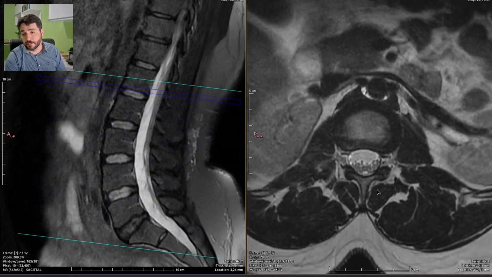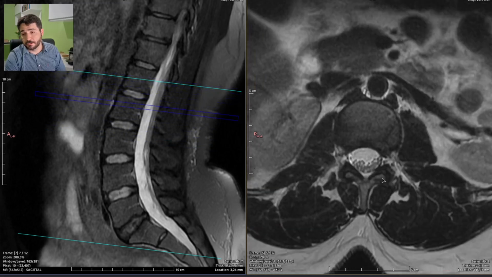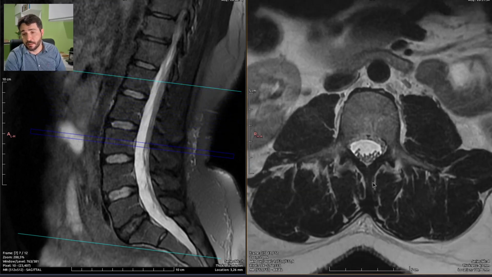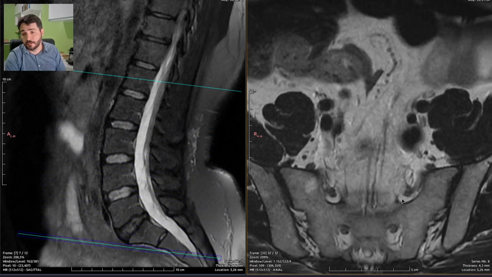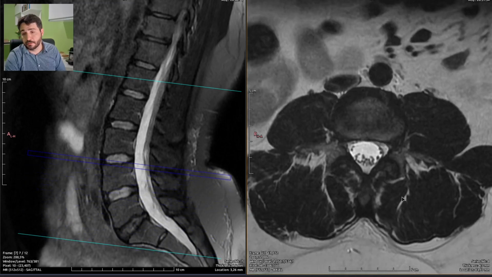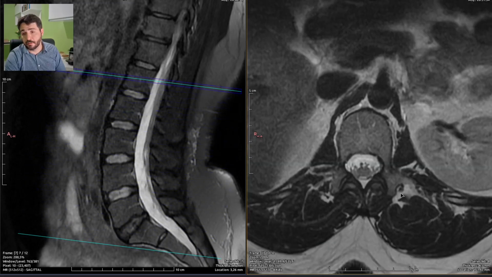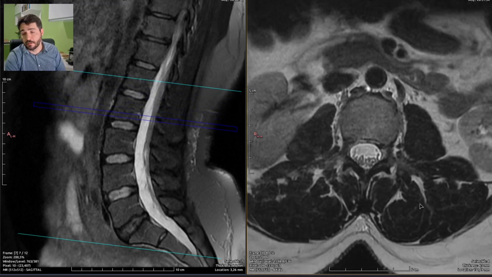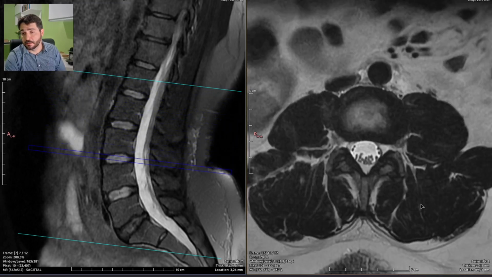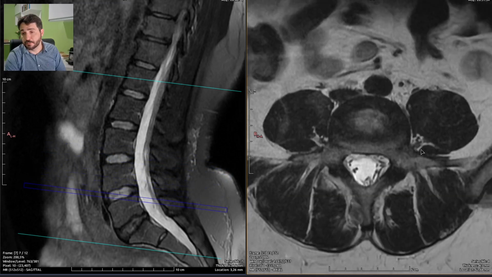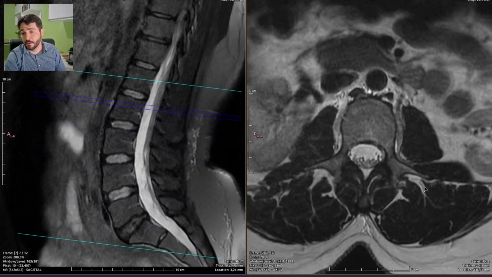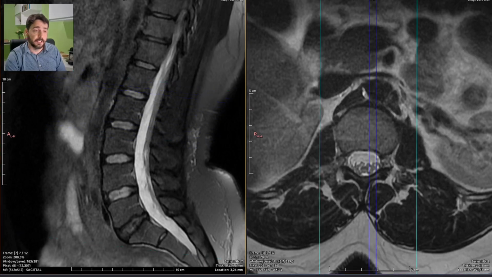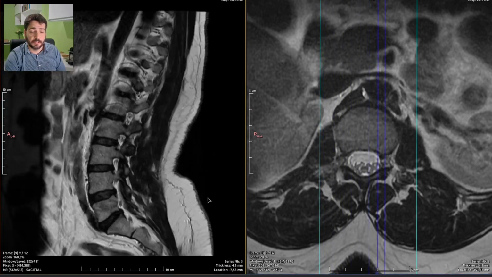No vertebral canal stenosis, and the nerve roots are fine. No signs of intravertebral, intracanal disease. Nerve roots, emerging nerve roots are just fine. Yep, it's okay. It's just degenerative disease.